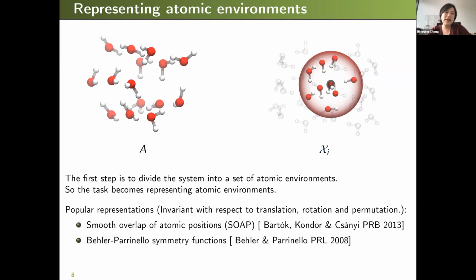The first task is to divide the system into a set of atomic environments. Each atomic environment is centered on one atom, with either a hard or a soft cutoff, and we cut off a chunk. That is our atomic environment.